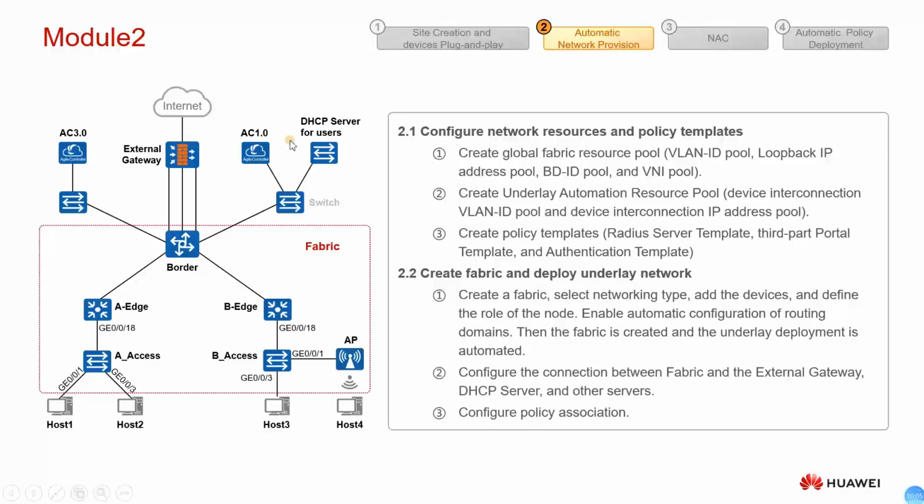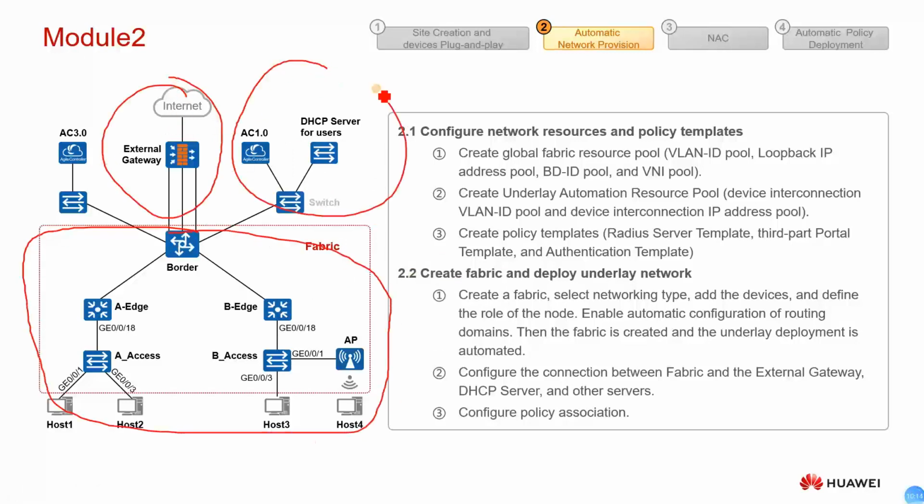Let's go back to the topology here. On the topology, you can see that this is our fabric. This is the external network, and those are the network resources. For the network resources, we have AC 1.0, that will be the Radius server and the portal server, and we also have the DHCP server that is used to assign IP addresses to the stations.